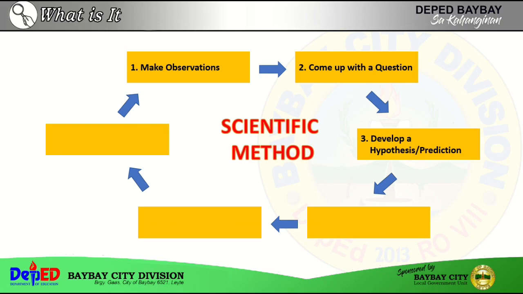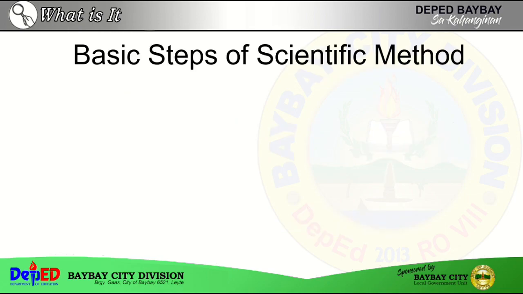Develop a hypothesis or prediction. 4. Conduct an experiment. 5. Record and analyze results. 6. Draw conclusion. Very good! Let's proceed. Now, let's discuss each of the steps.